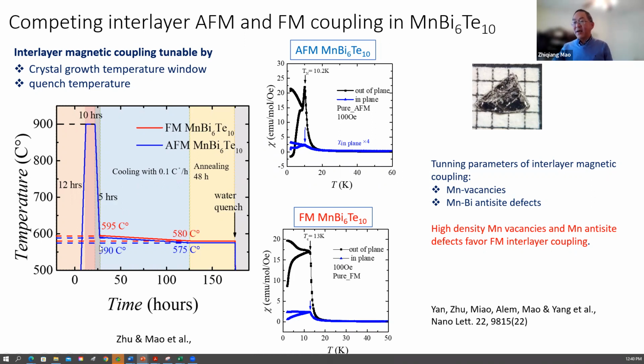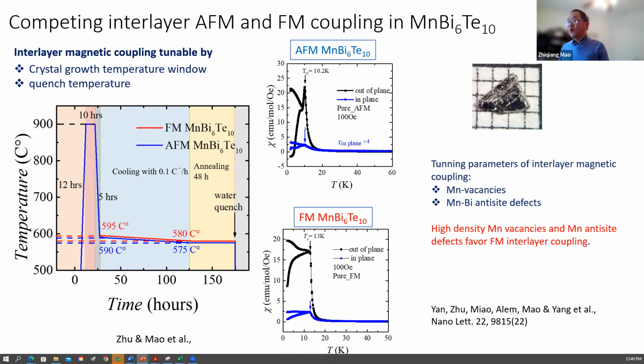And the FM phase is grown from 590 to 575 and quenched at 575. So the difference is not really large, but they generate very different magnetic phases. One is AFM, the other is FM.